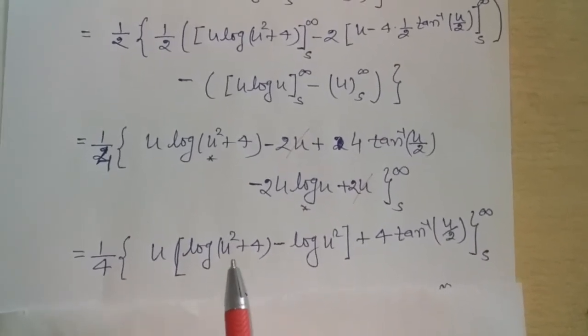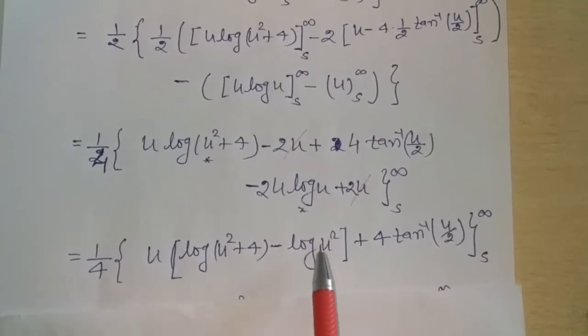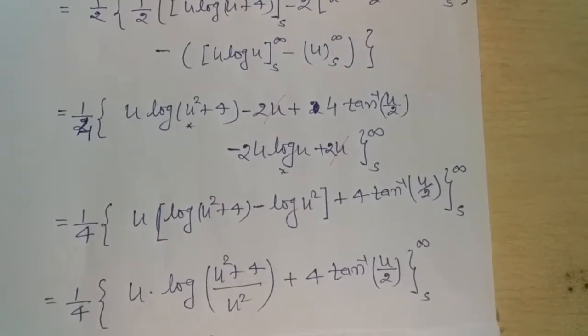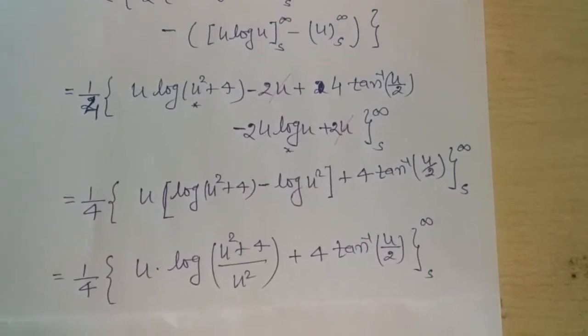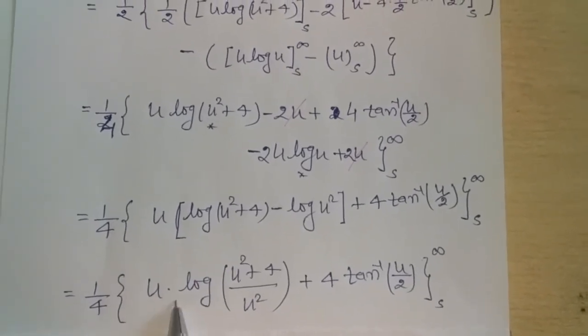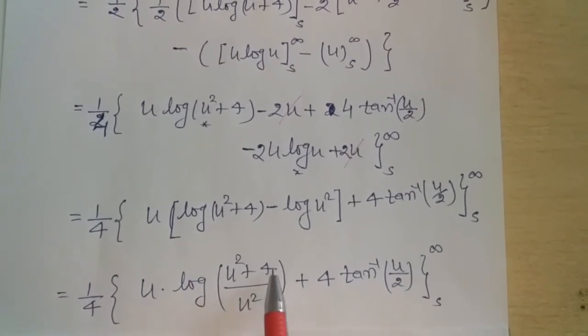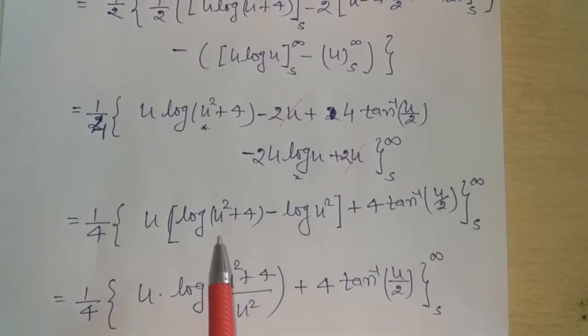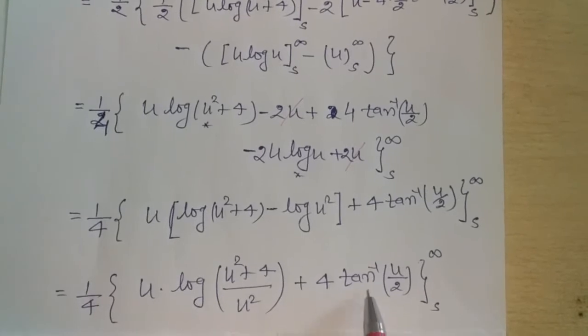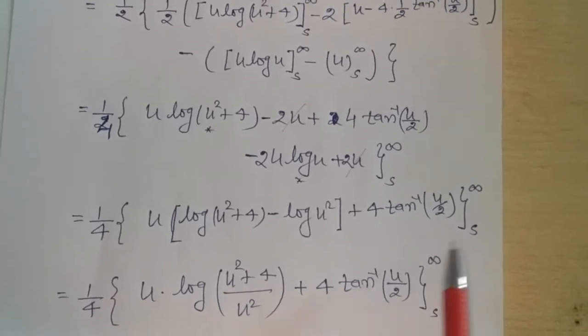Now here we apply log m minus log n is log(m/n), so in the next step we have 1/4, constant multiple as it is, u log((u² + 4)/u²) plus 4 tan inverse (u/2) from s to infinity.